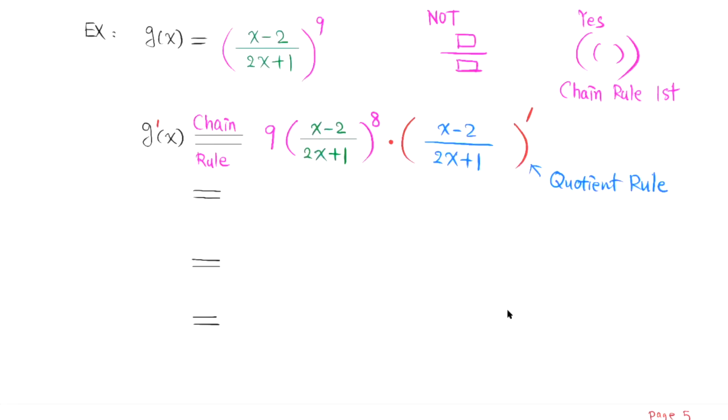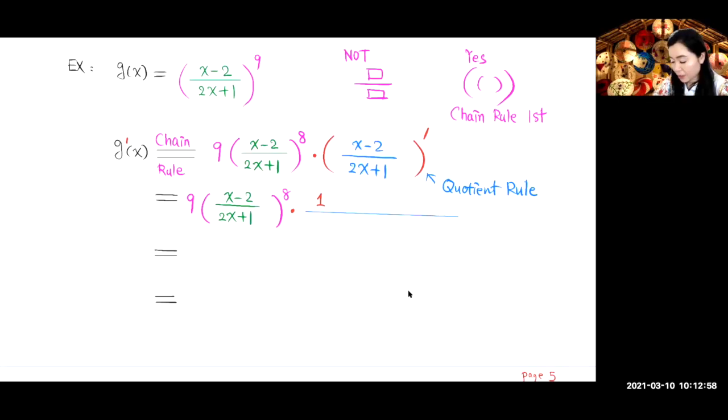Now, the first part over here, we just copy and then times. Okay, let's take care of this. According to the quotient rule, we're going to differentiate the function on top, which is what? What's the derivative of this? Yeah, 1. And then we times the function in the denominator, which is 2x plus 1.